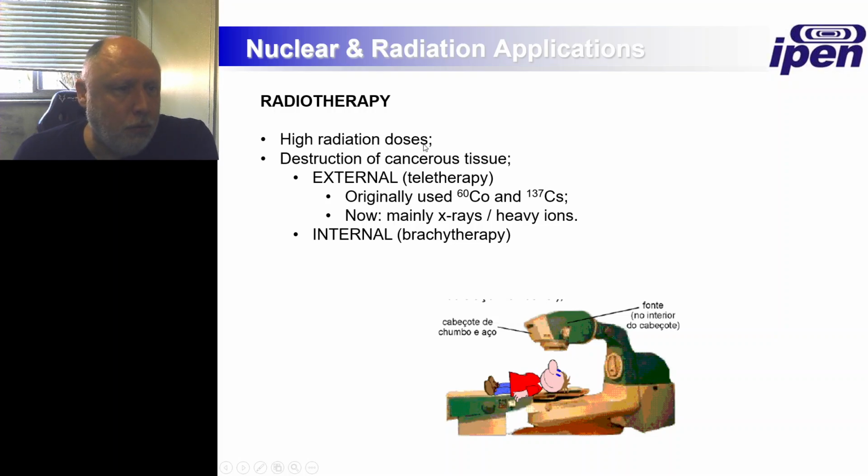The idea is that a very high radiation dose will... One thing I haven't told before is that usually the larger a molecule is, the more radiation sensitive it is, because it has more chemical bonds.